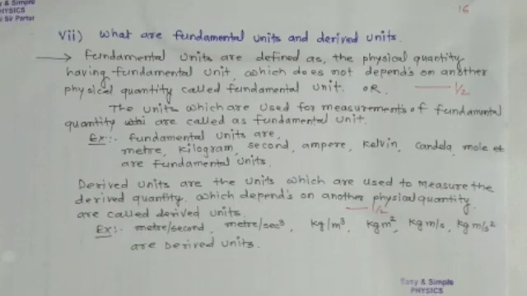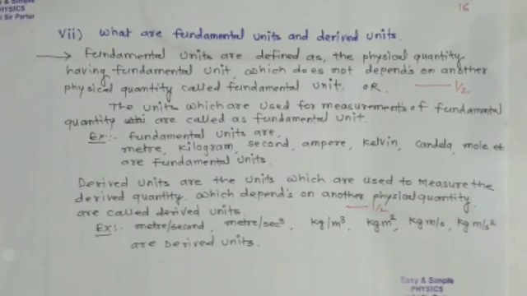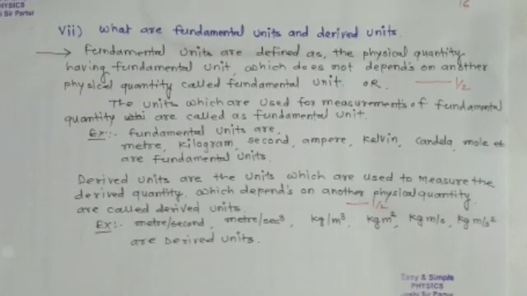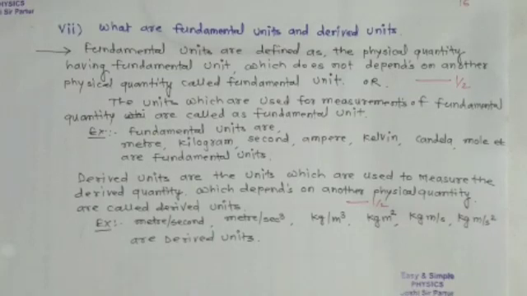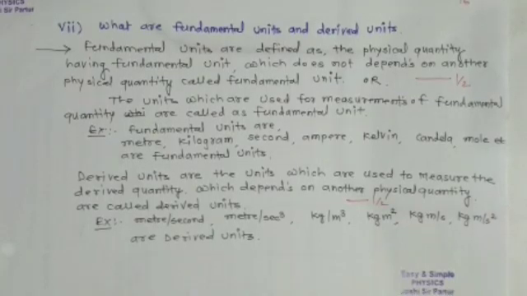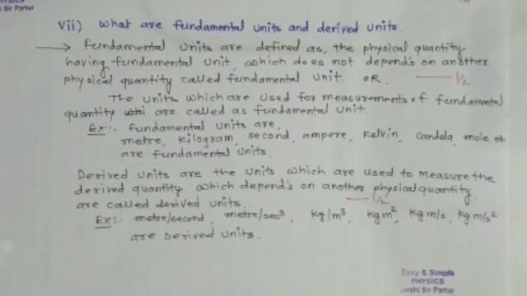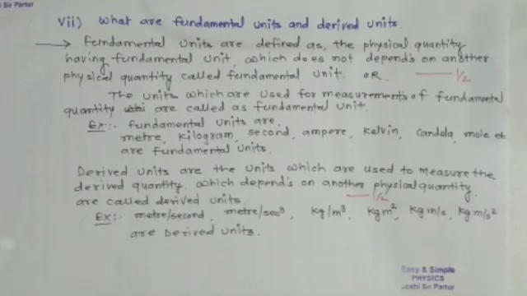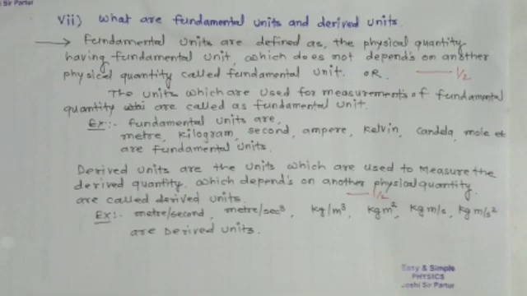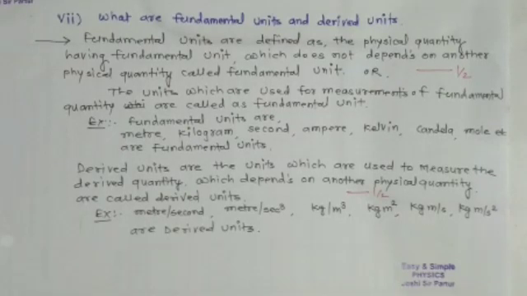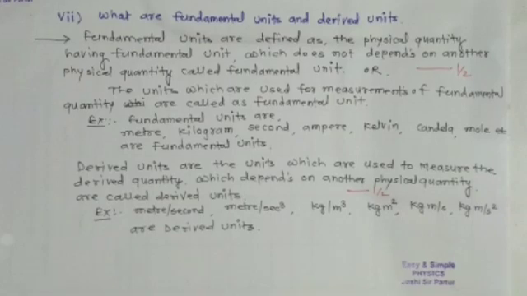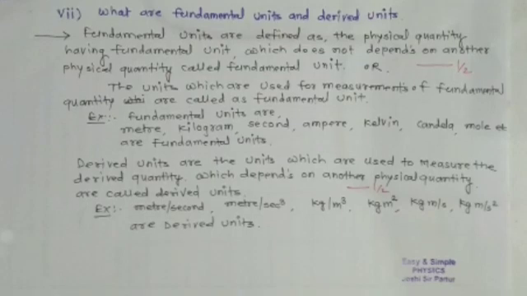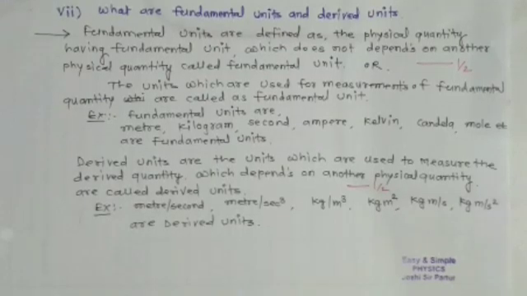Question 7. What are fundamental units and derived units? First, the answer: fundamental units are units of physical quantities which do not depend on another physical quantity, called fundamental units. Or the units which are used for measurement of fundamental quantities are called fundamental units. Examples of fundamental units are meter, kilogram, second, ampere, Kelvin, candela and mole.